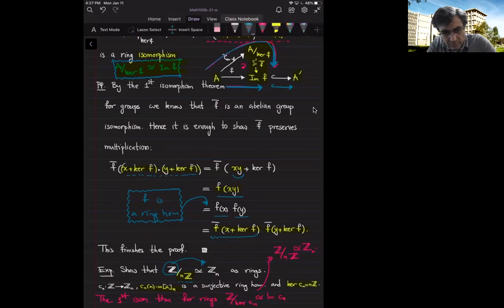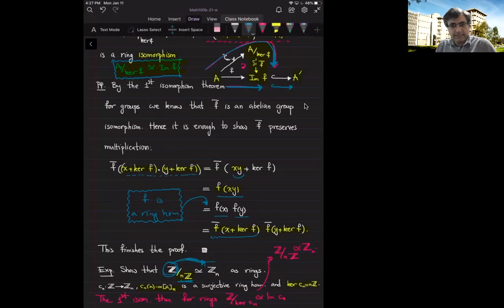But what we do is focus on the numerator and try to find a nice ring homomorphism from the numerator to either the other side or something that contains the other side. And then we use the first isomorphism theorem. Hopefully the image is precisely the other side and the kernel is precisely the denominator. So that's the common strategy that we take.